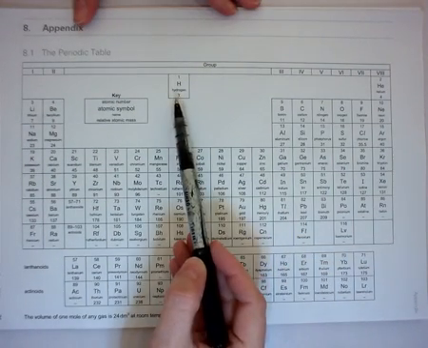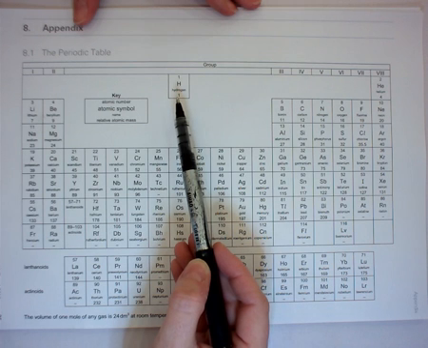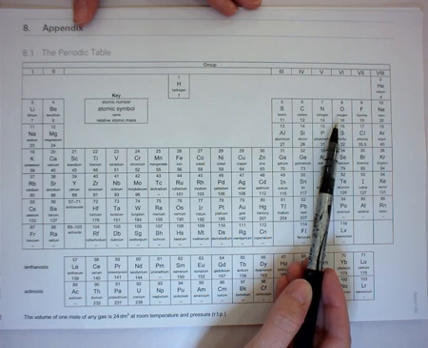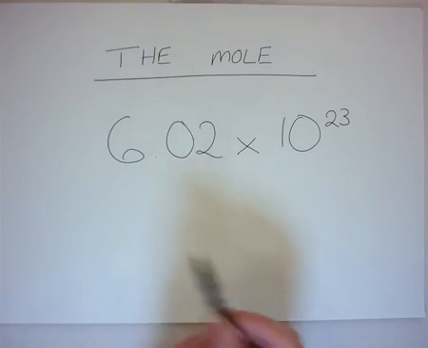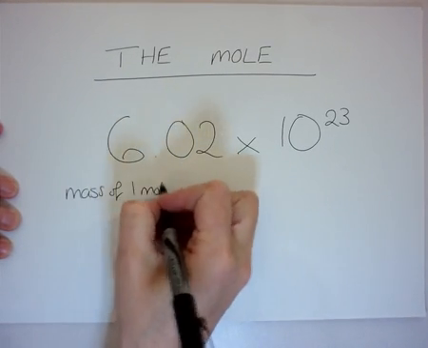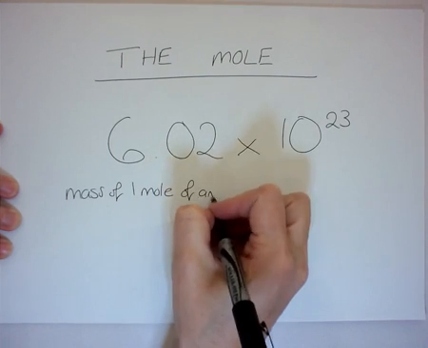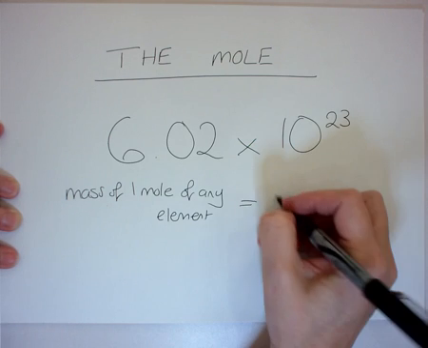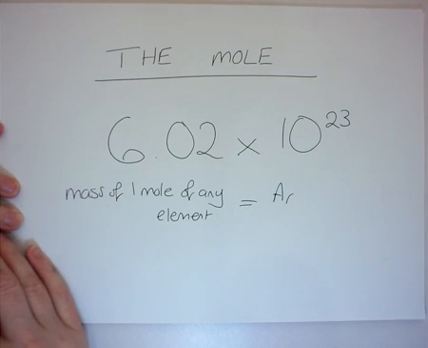So hydrogen has a relative atomic mass of 1. That is the mass of 1 mole. Oxygen has a relative atomic mass of 16. The mass of 1 mole of oxygen is 16 grams. So we can say that the mass of 1 mole of any element is equal to the relative atomic mass of that element.